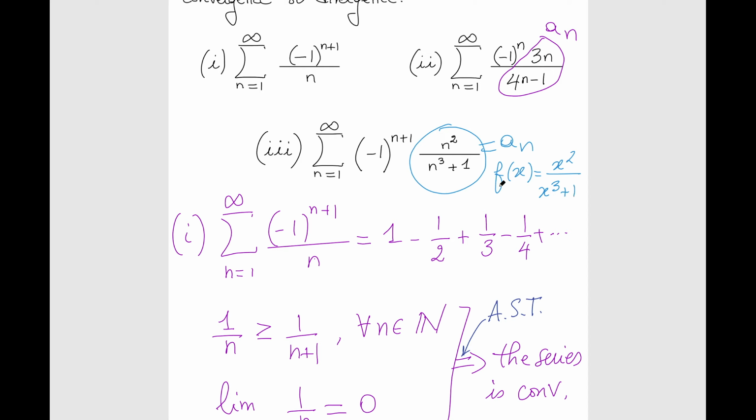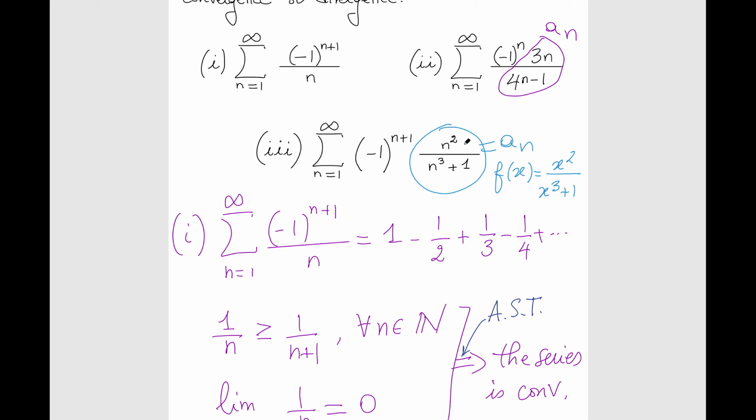And you're going to differentiate the function to get f prime. You're going to find a function which is negative from some positive x onward, and to be particular, that x is going to be the cube root of 2. So from x being the cube root of 2 onward, f is going to be a decreasing function. And as such, those terms are going to be decreasing from n equals 2 onward, because the cube root of 2 is between 1 and 2.